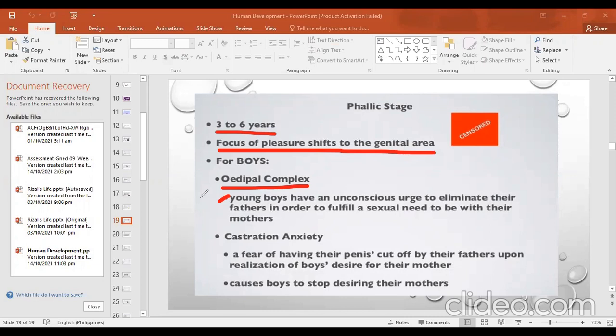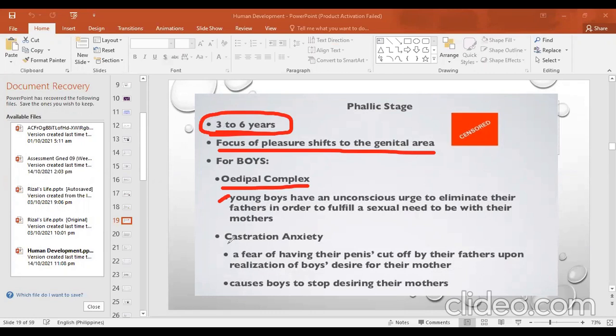So according to this theory, once andito na tayo sa stage na ito, sa age na ito, yung mga young boys daw, nagkakaroon sila ng unconscious urge or desire para sa sexual need para sa kanilang mothers. Kumbaga, nagiging rival nila dito yung kanilang father.